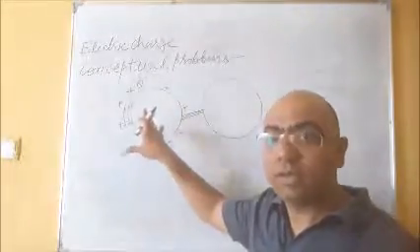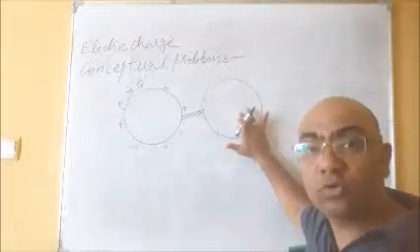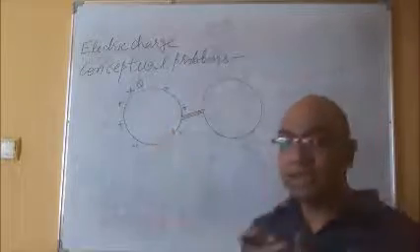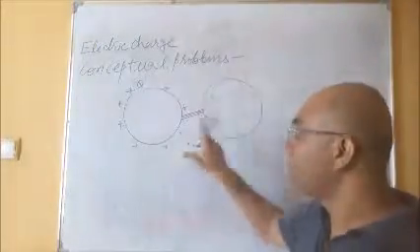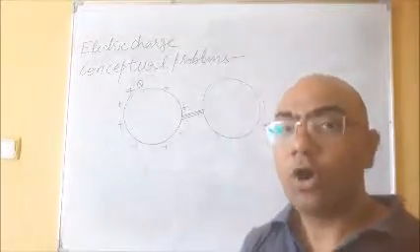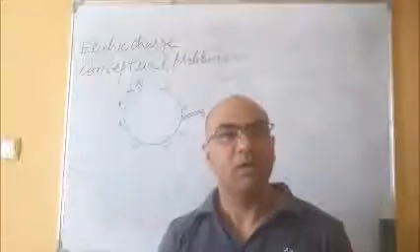The other metal sphere has no charge, but now we connect the two surfaces through this metallic rod, or simply by touching both spheres. We can use any method.